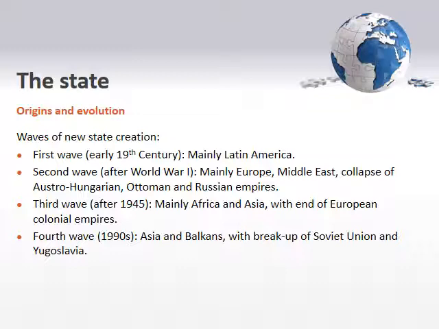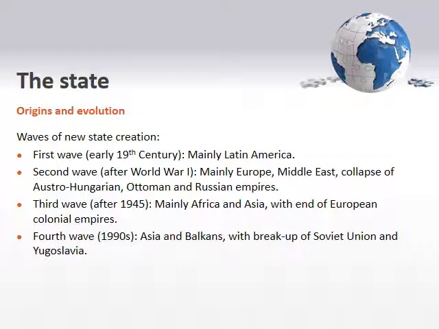So we see a large number of states created during certain periods of time, waves of new state creation. First wave, early 19th century. This is largely in the Americas and Central and South America and Mexico, where the Spanish Empire, the Portuguese Empire is waning in influence, and their colonies are gaining independence and the ability to govern themselves.